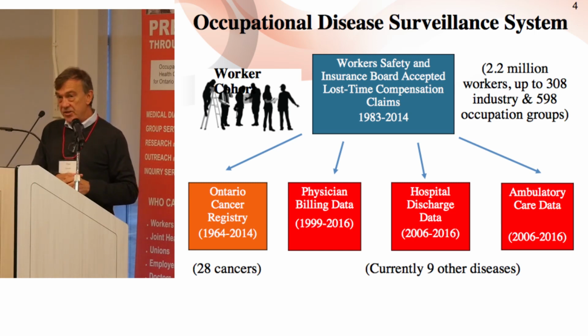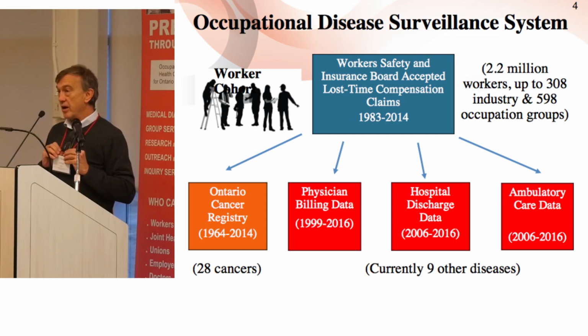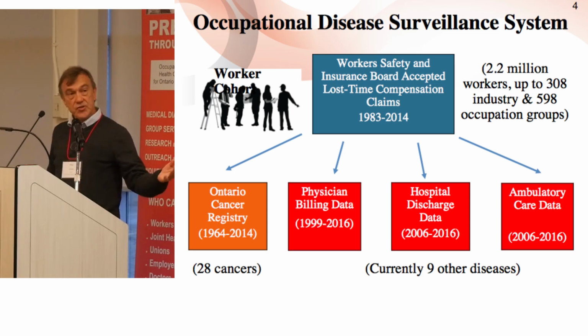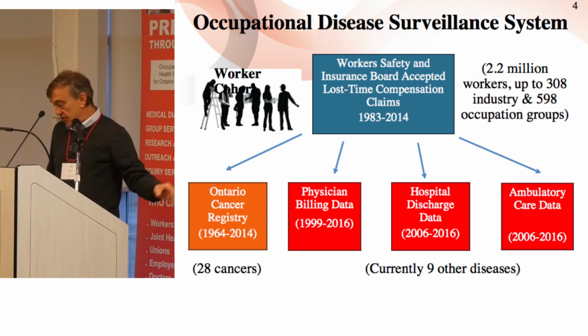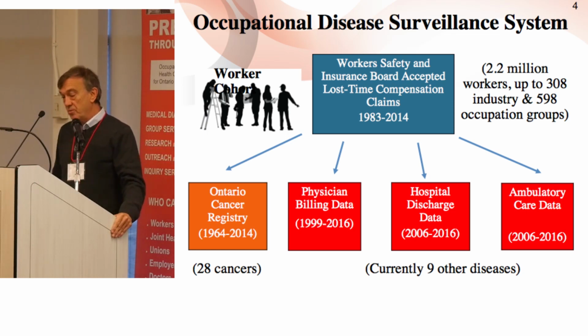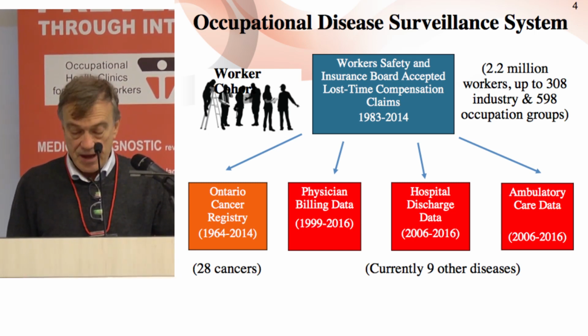We linked that to our tumor registry data, and to the hospitalization and outpatient data, and it has given us the ability to look at a wide range of cancers. Right now we're looking at 9 different occupational diseases, several of which are part of our priorities for the Occupational Disease Action Plan.